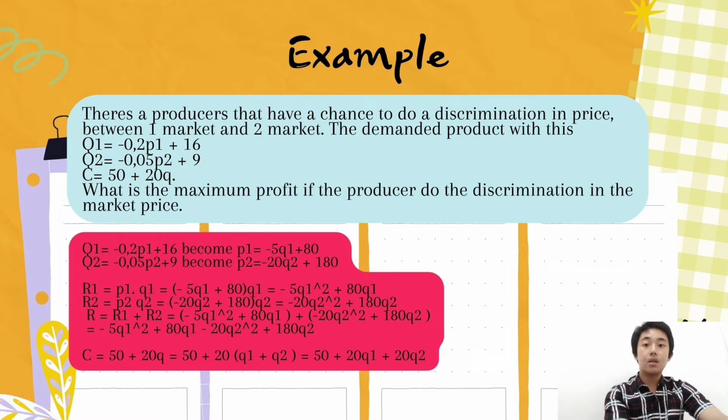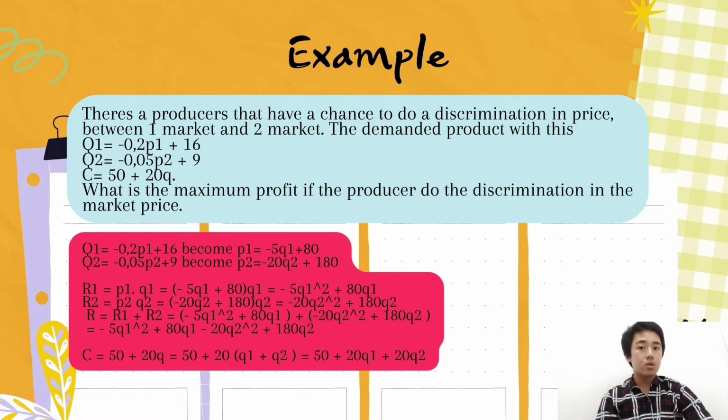So that is negative 20Q2 plus 180 times Q2, equals negative 20Q2 squared plus 180Q2. For the total revenue, we just add them up, and it gives us negative 5Q1 squared plus 80Q1 minus 20Q2 squared plus 180Q2.